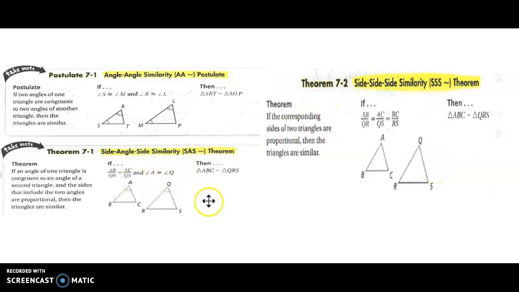You have side, angle, side, where remember the angle is included. It's in between two sides, and again, the sides are not congruent, but they are proportional, but the angles are congruent. And then the angle-angle postulate is if you have 2 corresponding angles that are congruent. Okay?